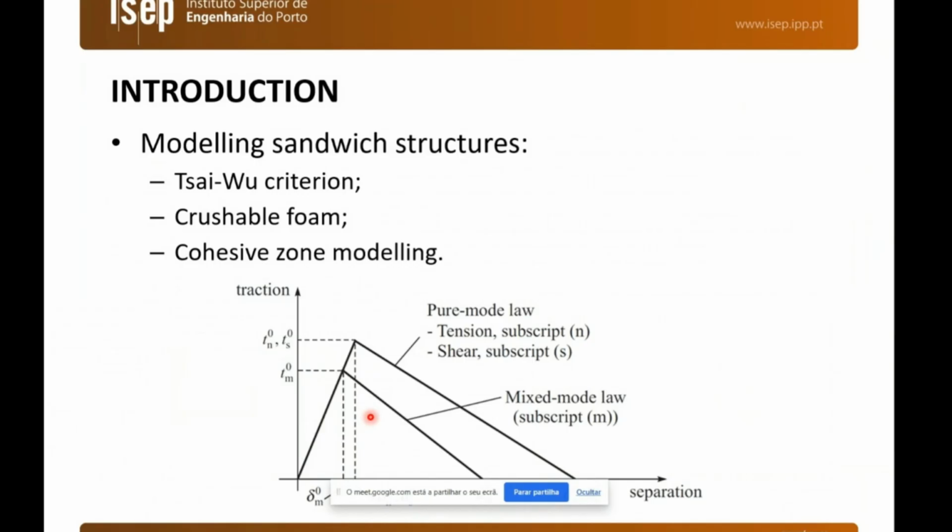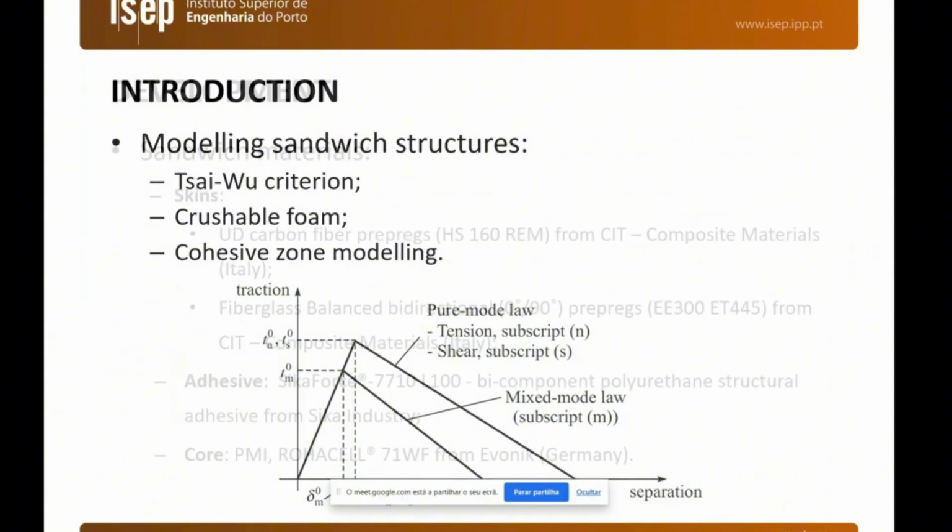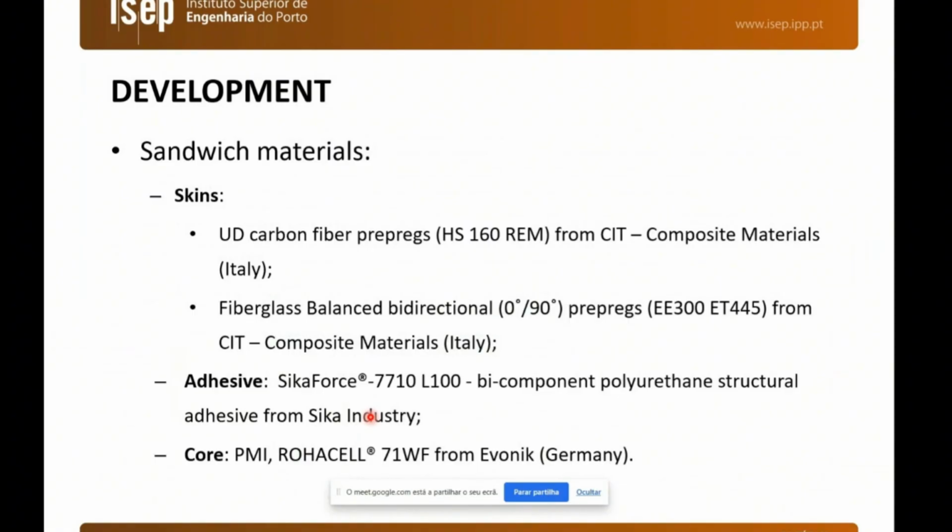This adhesive was already characterized in terms of strength, in terms of fracture properties. And this is the criteria that we're going to use with a triangular damage law. In terms of the work in particular, we are going to consider skins with a hybrid configuration between carbon fiber prepreg and also fiberglass bidirectional prepreg.